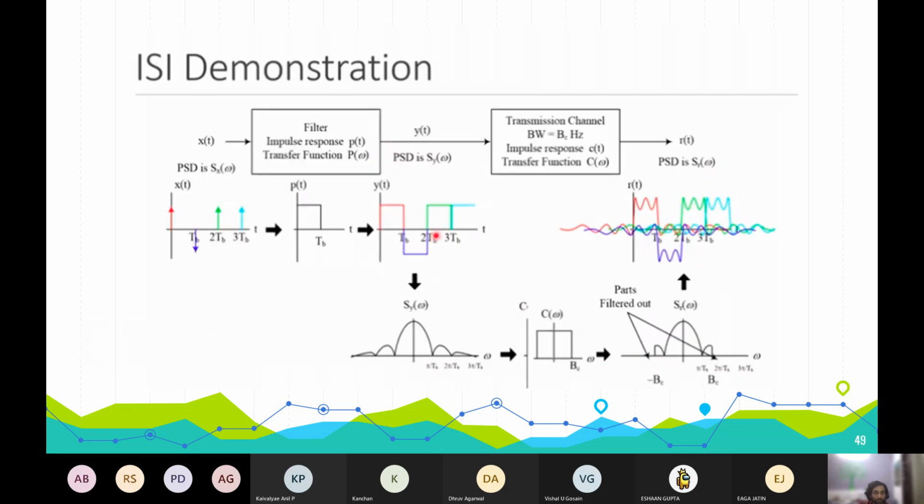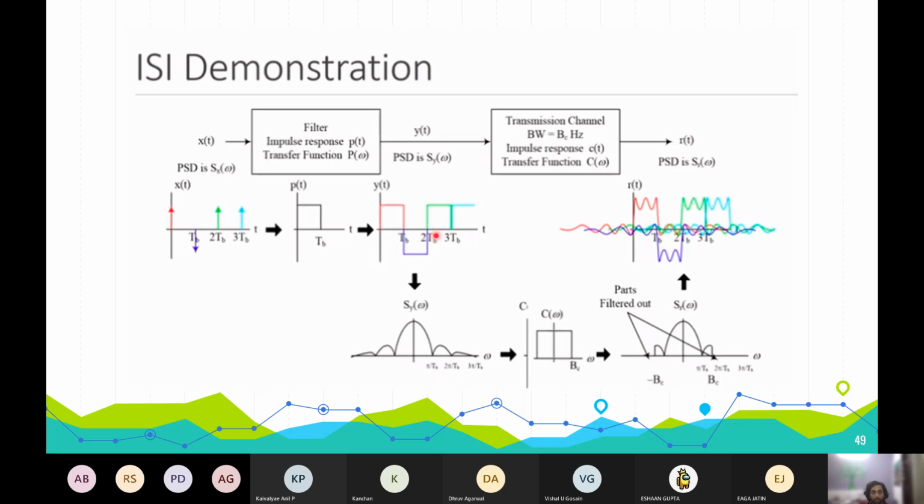This is the demonstration basically. We take samples at TB, 2 TB, 3 TB, and this is the pulse that we are sending, Y(t), a square pulse. What we want is that the other pulses should not interfere with the previous or the next output.